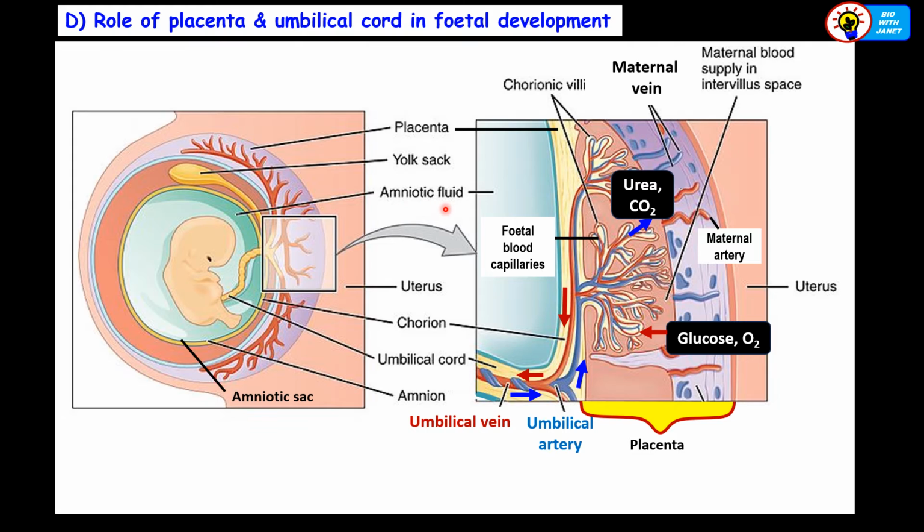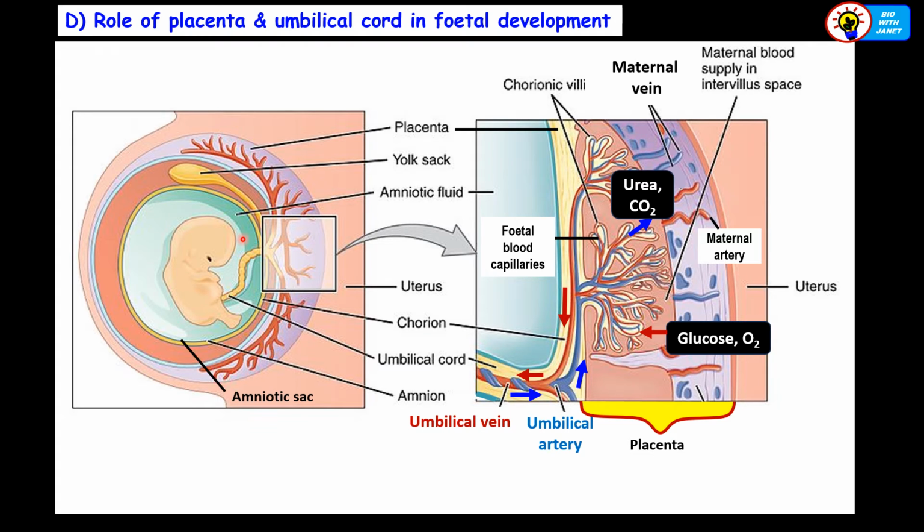The amniotic fluid has the function of protecting the fetus from injuries by acting as a cushion and shock absorber, especially when the mother were to fall or hit something.